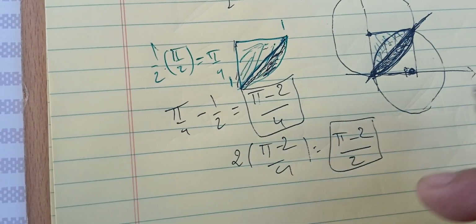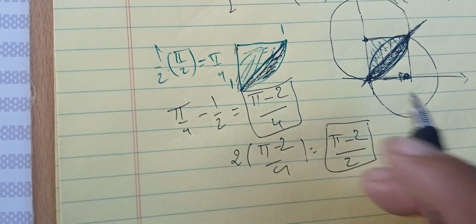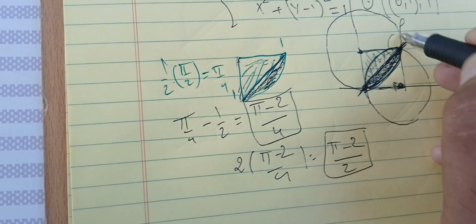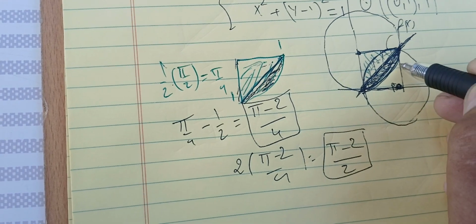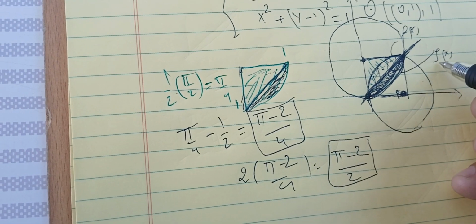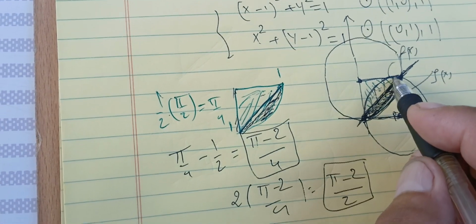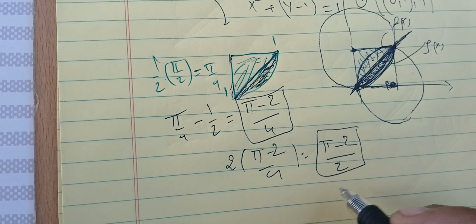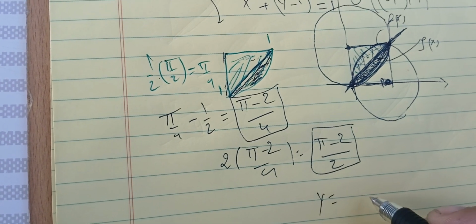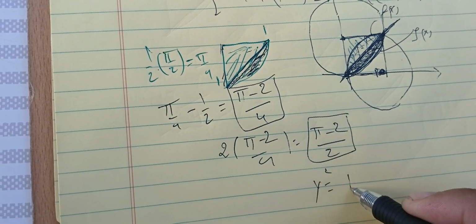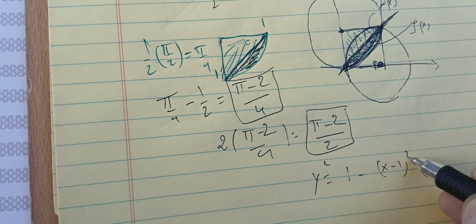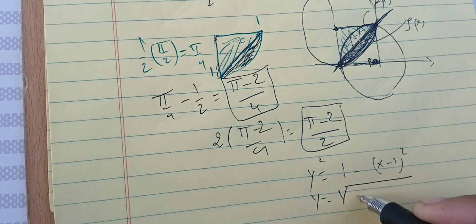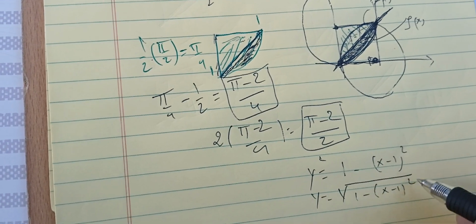We can check it using calculus. To do that, we need to find the function f of x for the top part and g of x for the lower part. The first equation gives y squared equals 1 minus (x minus 1) squared, and I take only the top part, so f of x is the square root of 1 minus (x minus 1) squared.